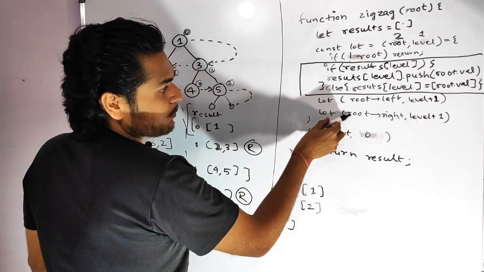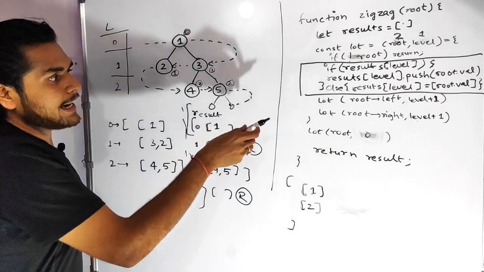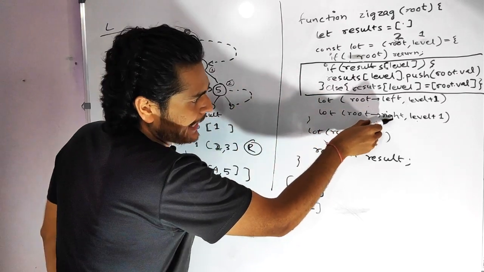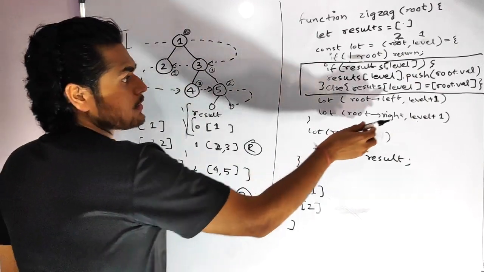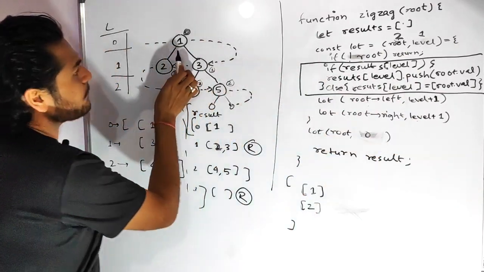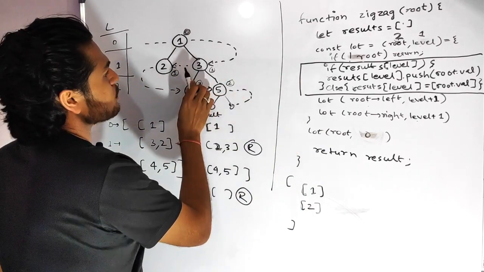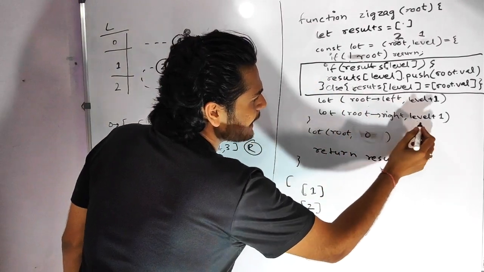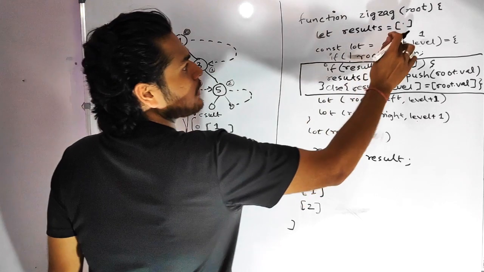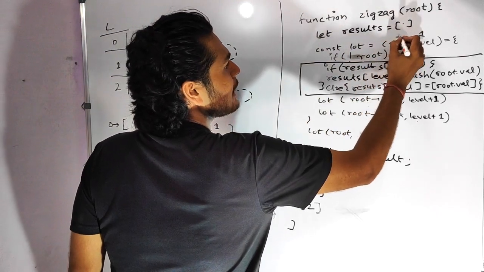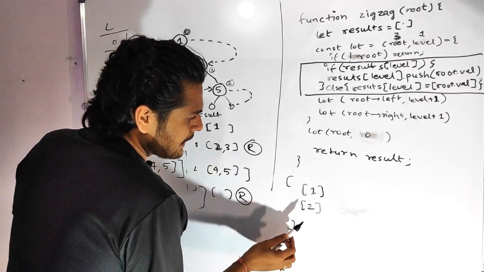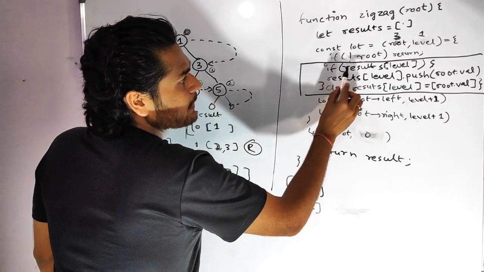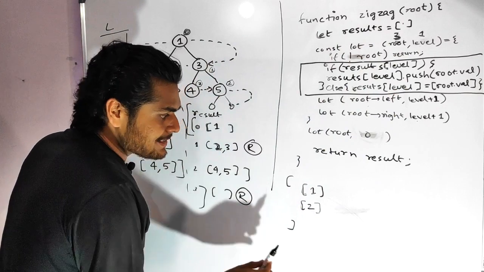Now with the recursion, it also goes to root.right and level plus 1. When it goes to root.right, this time the root will be 3 and the level will be 1. So what does that mean? Now it checks if results of level exists.